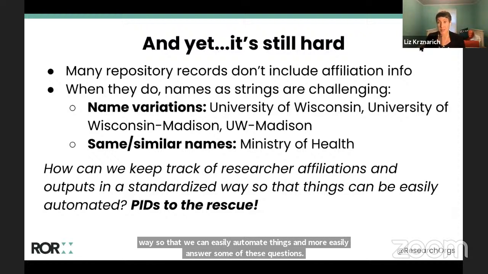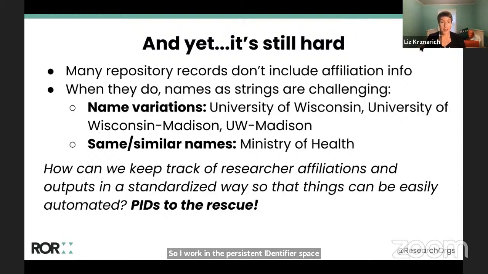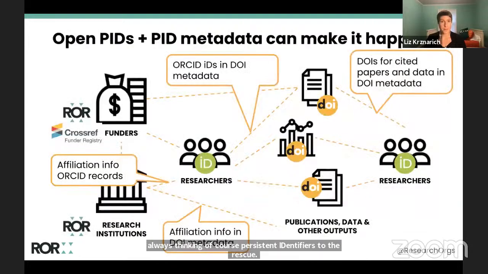So I work in the persistent identifier space and have for quite a while. And over in the PID sphere, we're always thinking, of course, persistent identifiers to the rescue. So the grand vision of persistent identifiers is that we can use these different types of persistent identifiers to link people, places, and things all together through using those persistent identifiers in metadata.